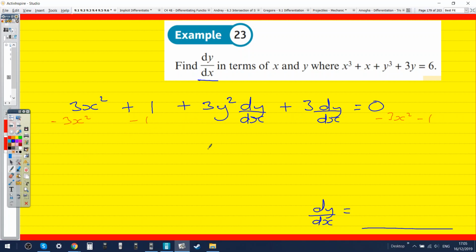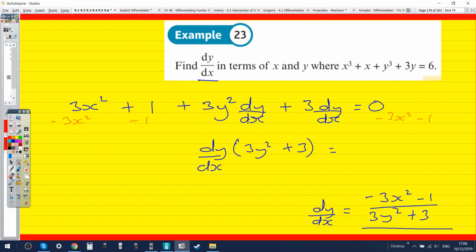And then you get 3y squared plus 3 inside the brackets. So then you do dy by dx is equal to minus 3x squared minus 1 over 3y squared plus 3. That's it. And so that's how you do them.